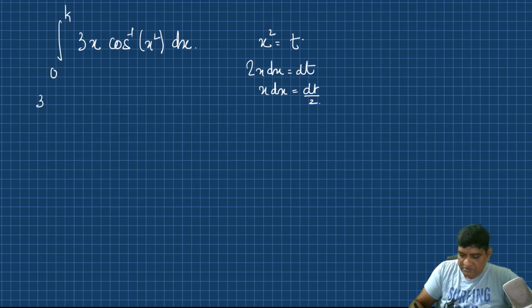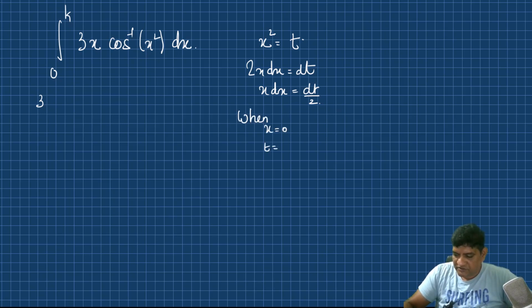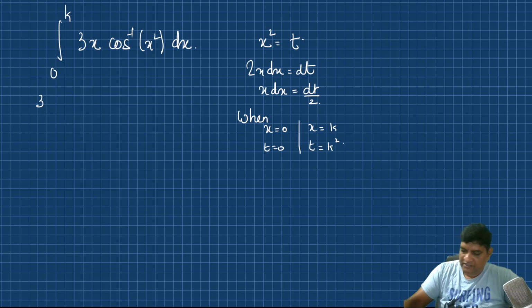Take the 3 common out. Now, because I'm changing the variable, my limits also need to change. When x is equal to 0, t is also going to be 0. And when x is equal to k, t is going to be equal to k squared. So the limits are going to be from 0 to k squared, and x dx is going to be dt by 2.